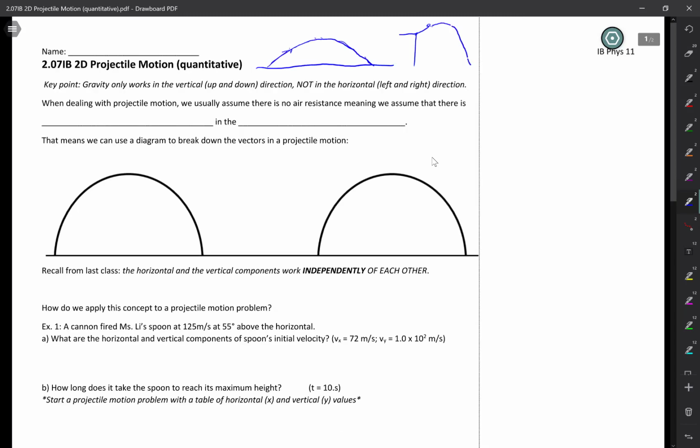Coming back to some of the key points with 2D projectile motion, number one, we know there is acceleration due to gravity in the vertical direction. However, when I see a lot of students work, oftentimes I see students use gravity in the horizontal direction. Well, first of all, we assume there's no air resistance, okay?